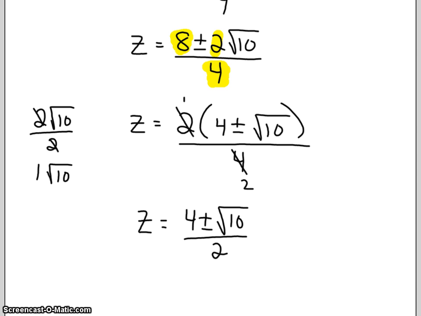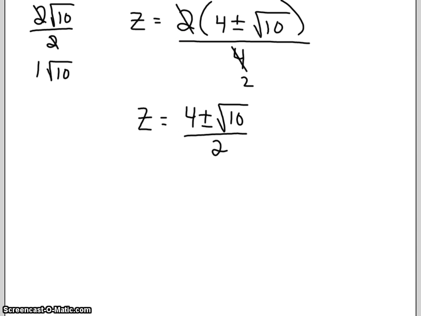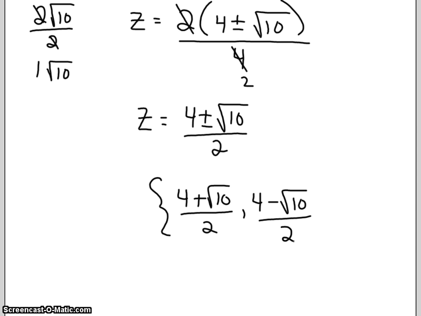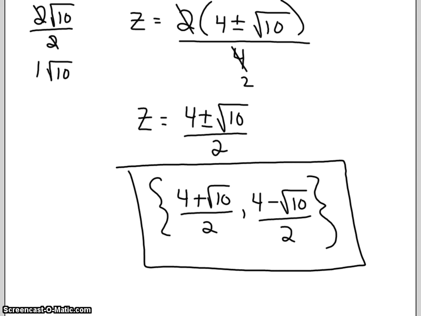Do not start canceling that 4 with that 2 when you don't do anything with a number in front of the radical. So do not. This does not simplify anymore. Many people make that mistake. So our solution set is 4 plus radical 10 over 2, 4 minus radical 10 over 2. And that is exact and simplified radical form.